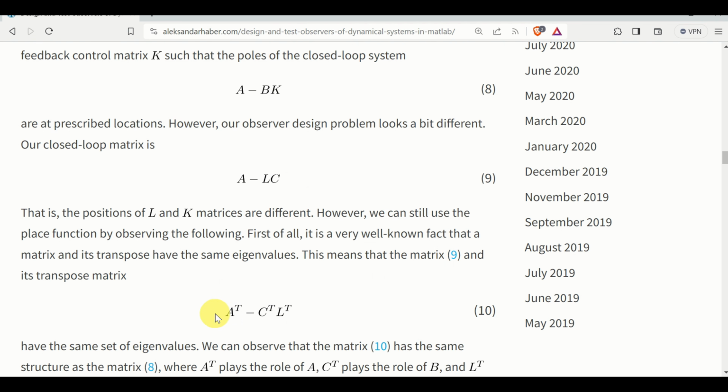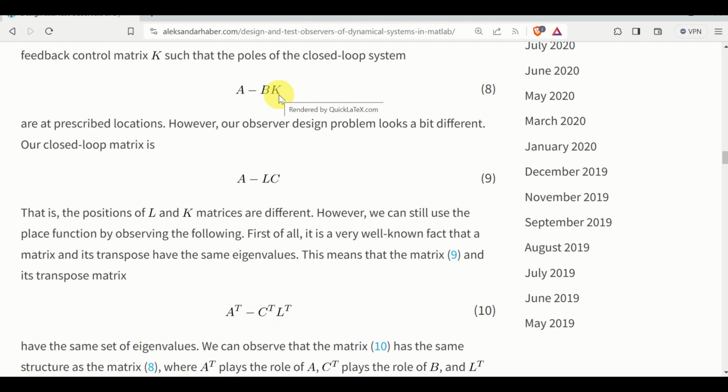Next, let's compare the transpose of A minus LC given by this equation with this matrix A minus BK that's used in the pole placement method by MATLAB. We can immediately observe the following. The place of L transpose is the place of K. So K plays the role of L transpose, or the other way around, L transpose plays the role of K.